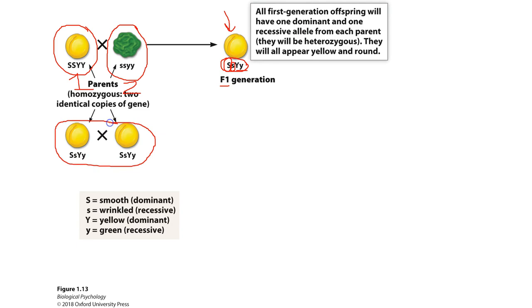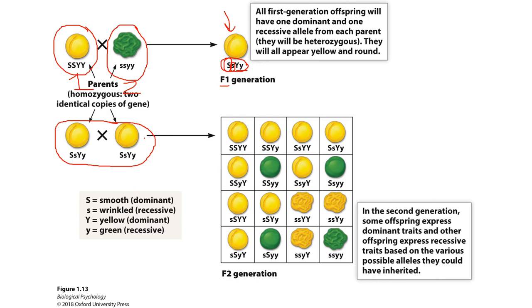So he mated these heterozygous offspring of the F1 generation, and the probability of what he got looks like this. Okay, so each one of these boxes refers to the different kinds of plants or different kinds of peas that this particular mating structure can get, right?